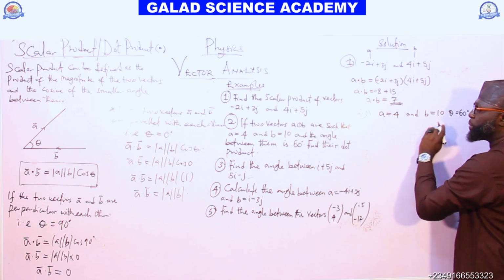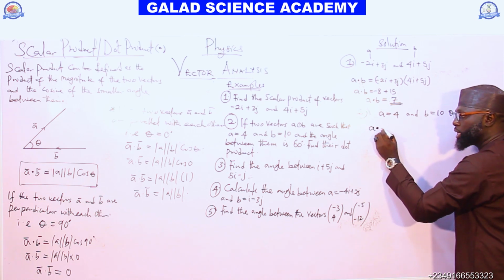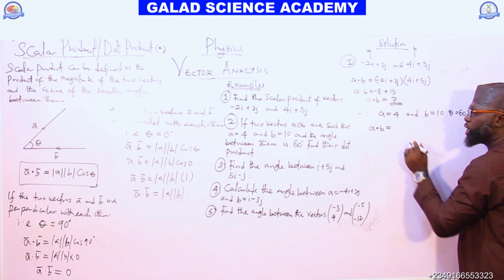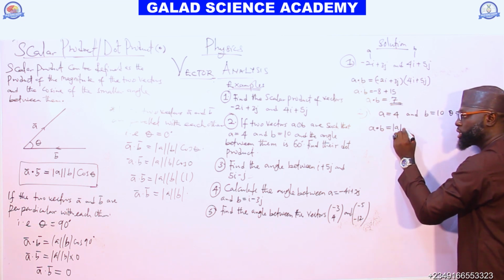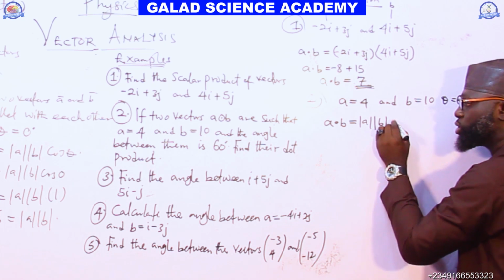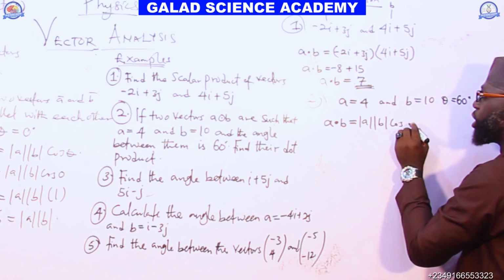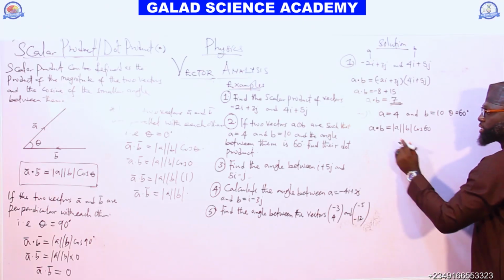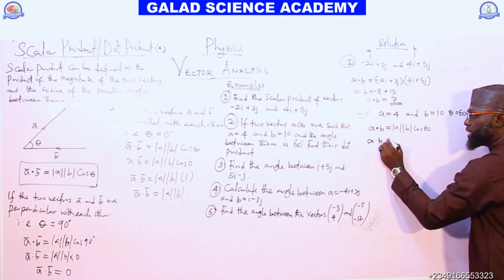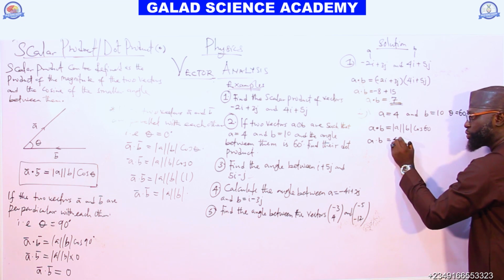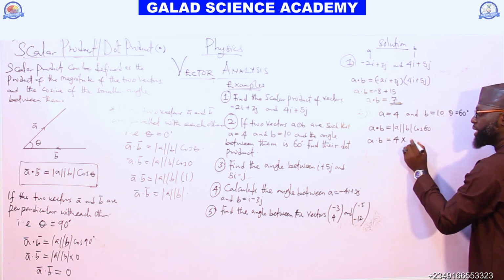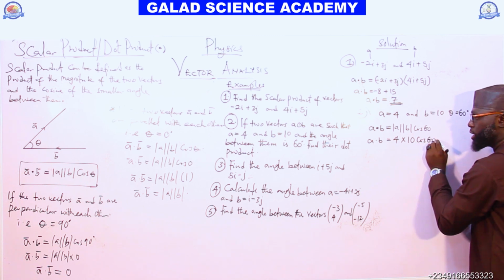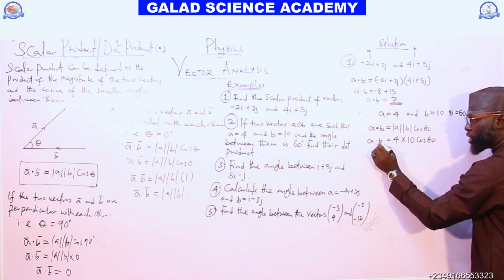The dot product between A and B is the scalar product. It will be A magnitude and B magnitude cos 60 degrees. So we now have A dot B, where A is 4 multiplied by B which is 10, cos 60.